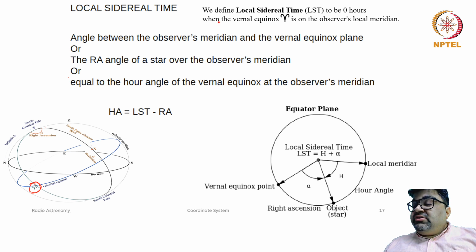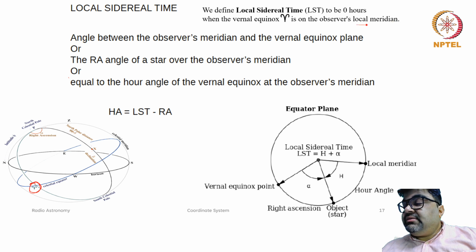So we also define local sidereal time to be 0 hours when the vernal equinox is on the observer's local meridian.